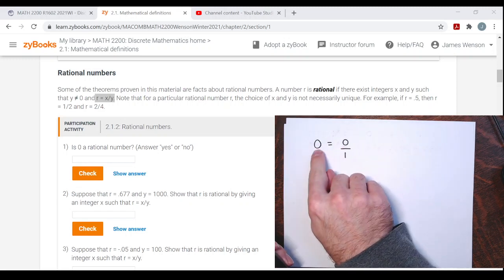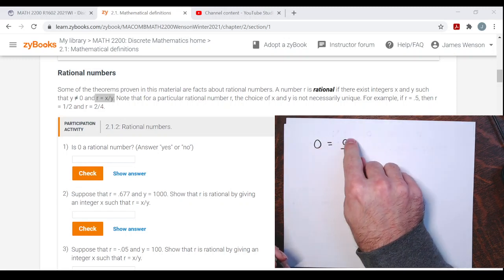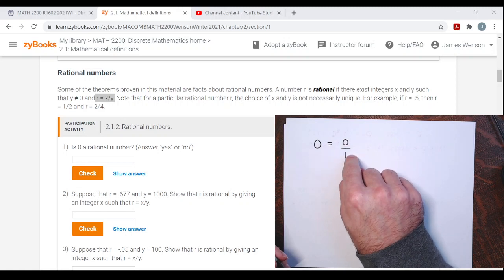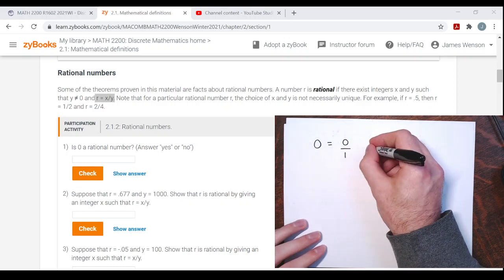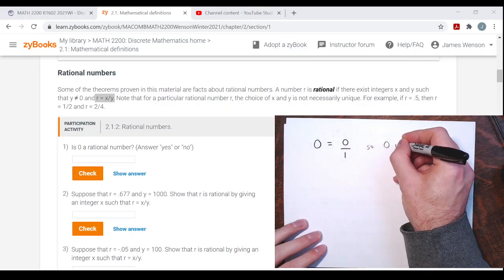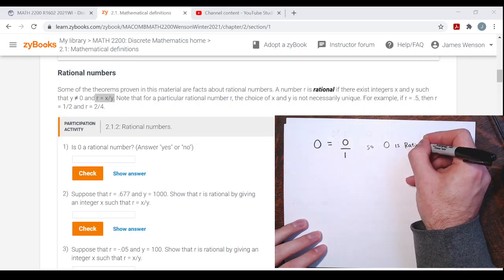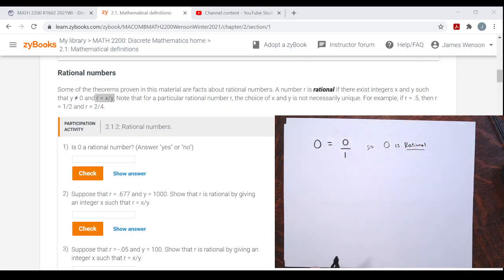I can rewrite 0 as the ratio of two integers, or a fraction with two integers, and the denominator is not 0. So by definition, 0 is a rational number. So is 0 rational? Type yes or no. Yes.